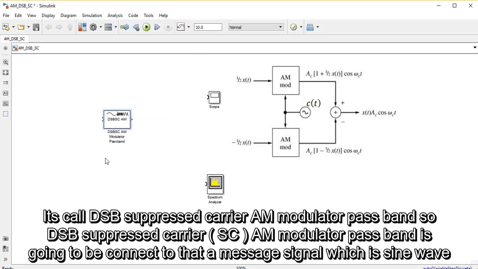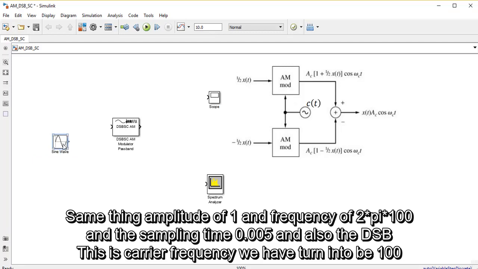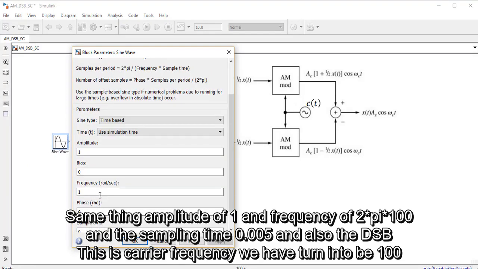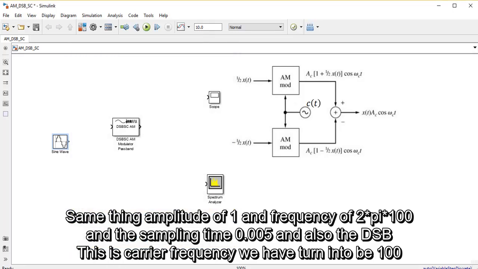So the DSB suppressed carrier AM modulator passband is going to be connected to the message signal, which is a sine wave. Same thing, amplitude of 1 and the frequency of 2π10 and the sampling time of 0.0005, and also the DSB modulator.